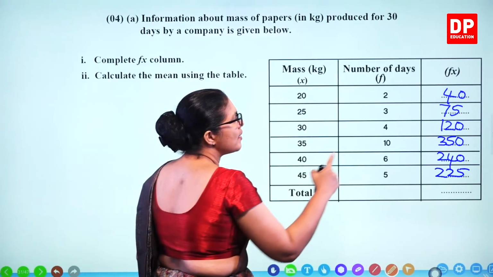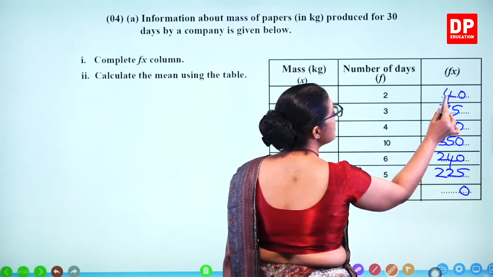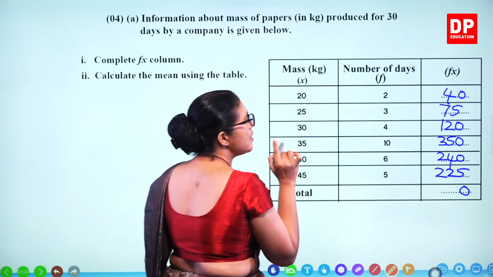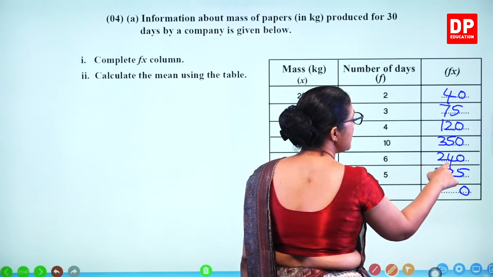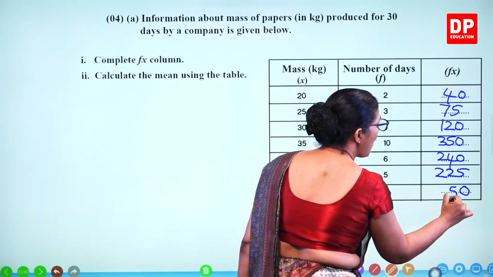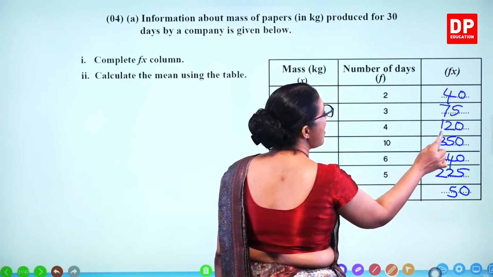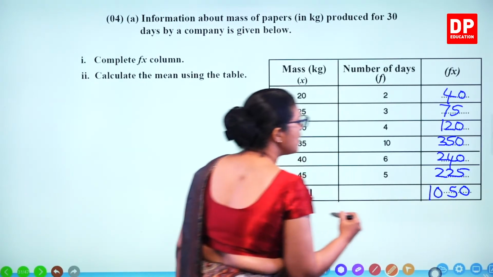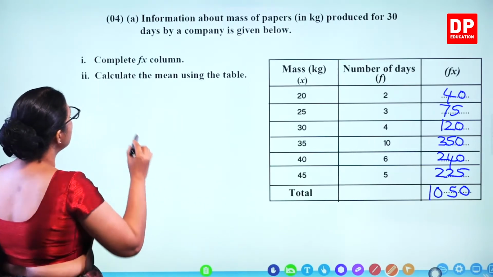Now we'll calculate the total. You get 10, 1 remaining. 7 plus 4, 11, and 1, 12. 14, 19, 23, 25, 2 remaining. 4, 6, 9, 10. 1050. And we have to calculate the mean value.